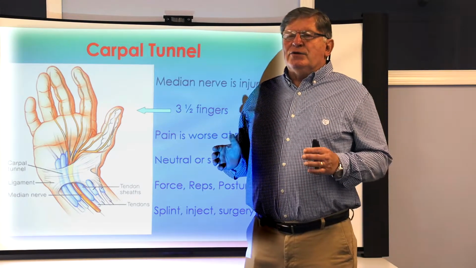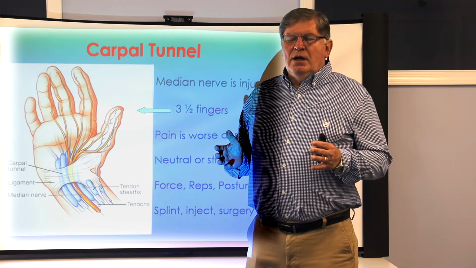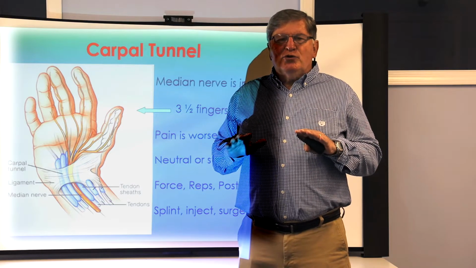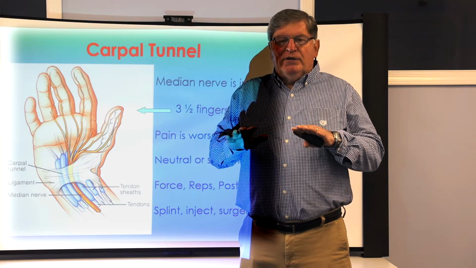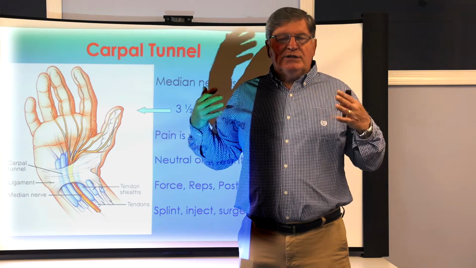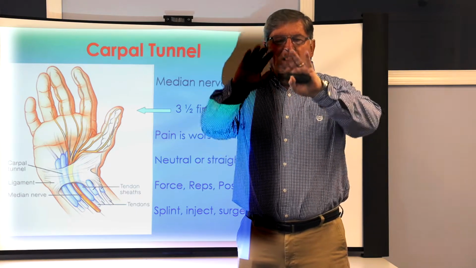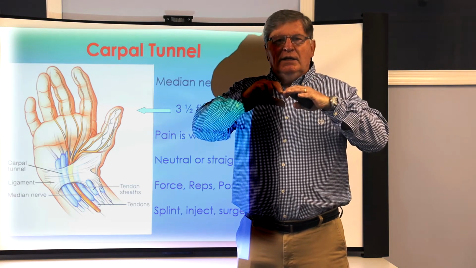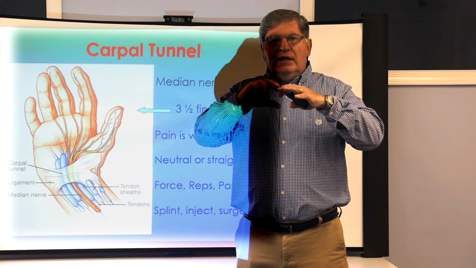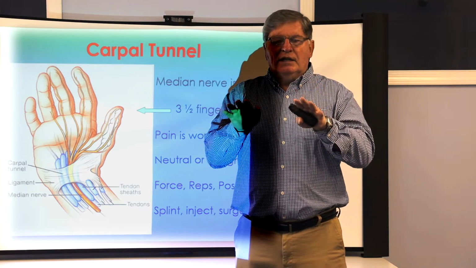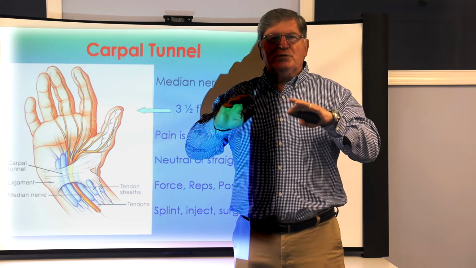For example, for some people it is difficult to keep a neutral wrist because when they put their fingers on the keyboard, they have to bend the wrist, based on their size and the size of the keyboard. Well, that is not a neutral wrist. So what we've done is develop a keyboard that has an angle to it, shaped almost like a V, and the idea is it allows you to go back to the neutral wrist position.